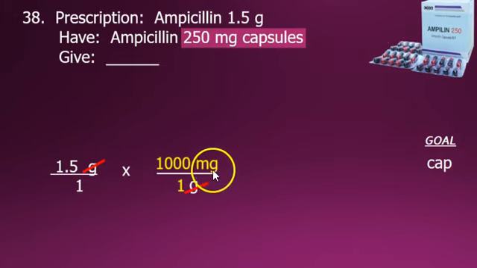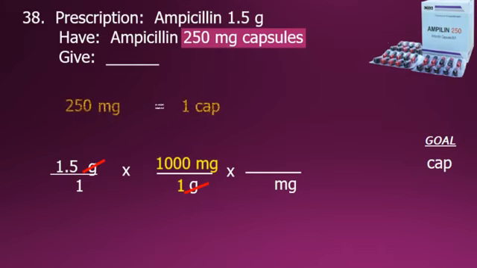Moving forward then, we can use the information given for the medication availability of capsules to milligrams. We want to eliminate milligrams, which is the current form of the order, so the next conversion factor fraction needs to have milligrams in the denominator.